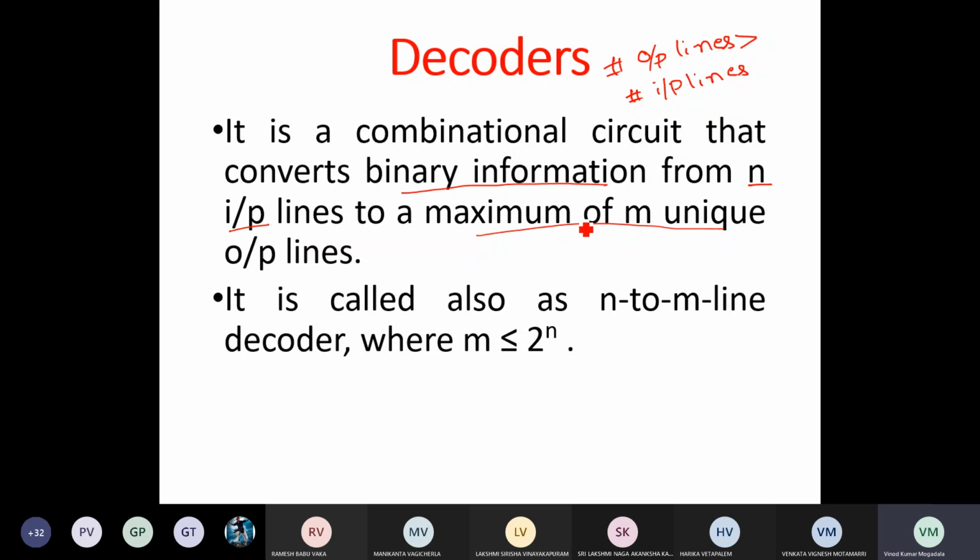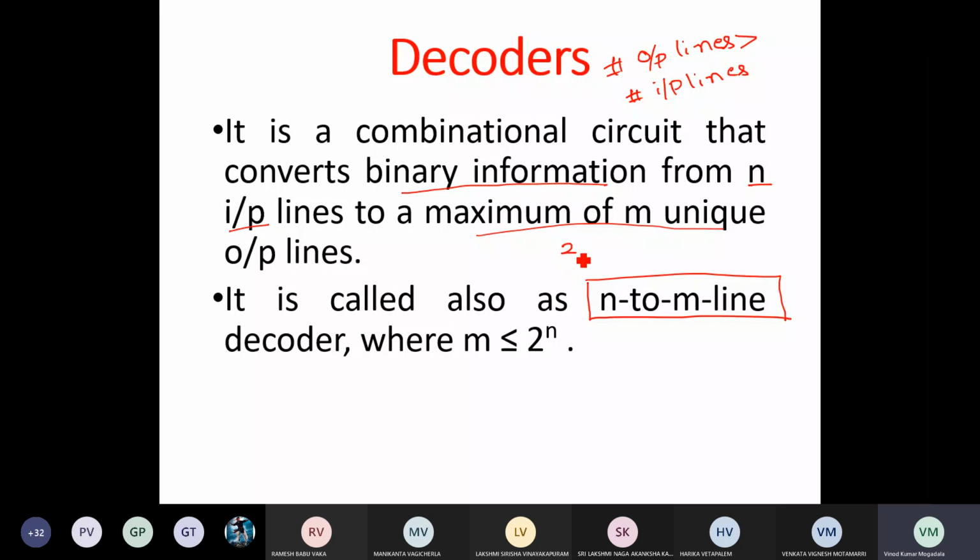So what is the relation? How will we mention the decoder? N to m line decoder. What is the relationship between m and n? We are taking n input lines.